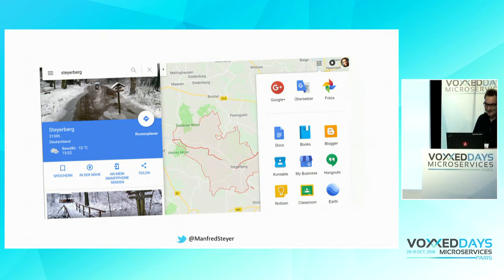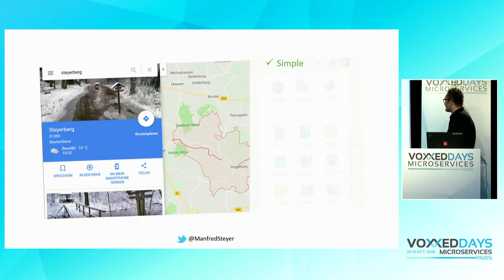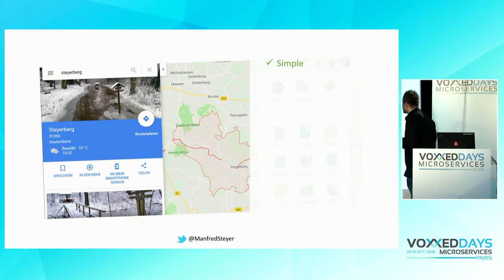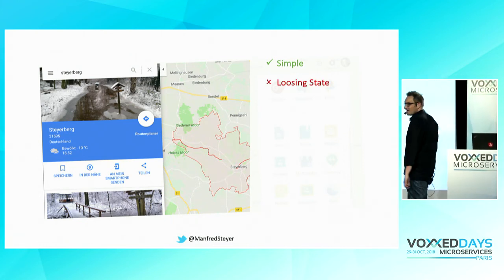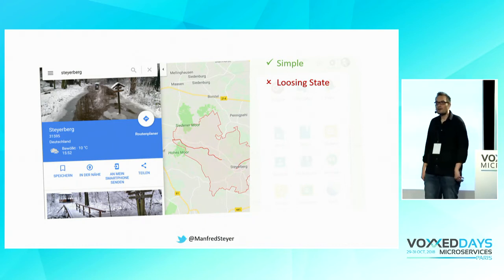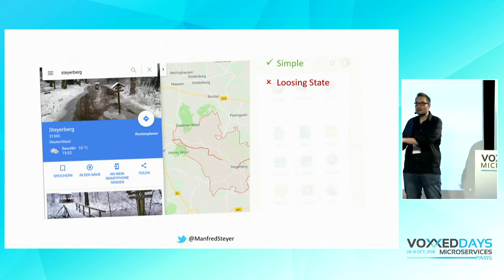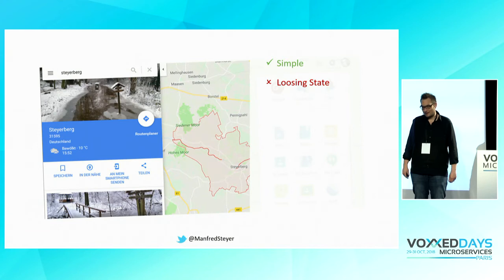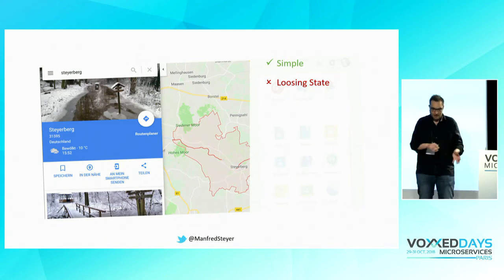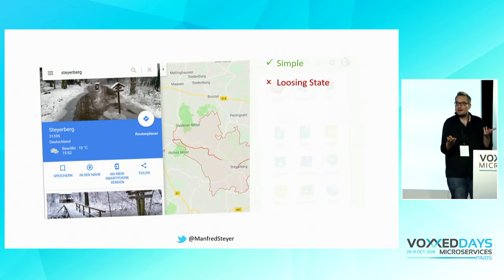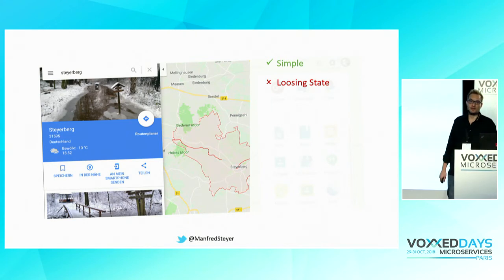What a pity. Okay, so when we look at this approach one more time, it is quite a simple approach. But there are also a lot of drawbacks, and one of the drawbacks is you will lose your state. When you move over from one application to another one, you will lose your state. That means when you are moving back, the application doesn't remember anymore what you have typed into it.